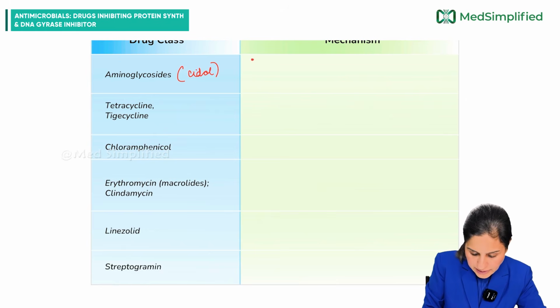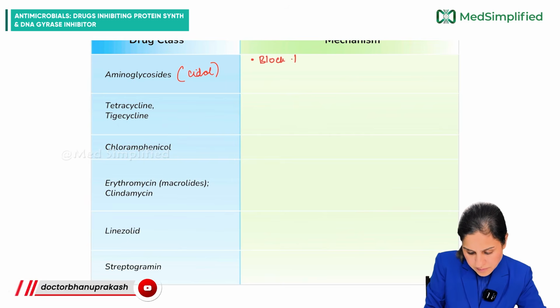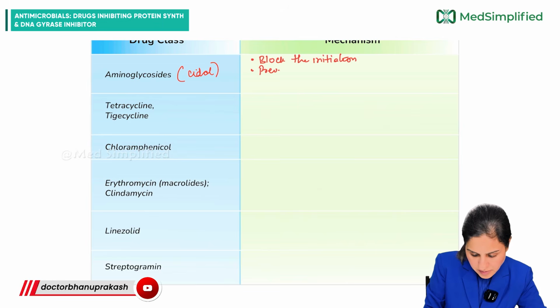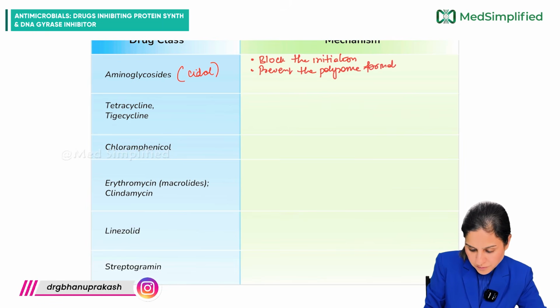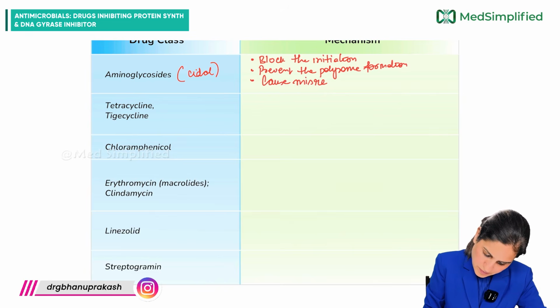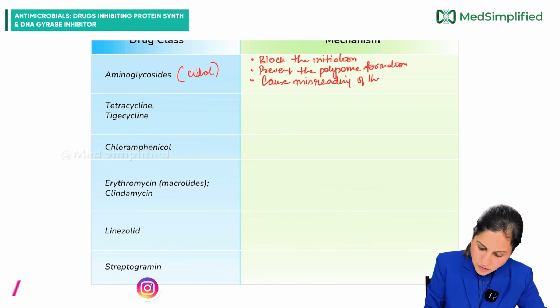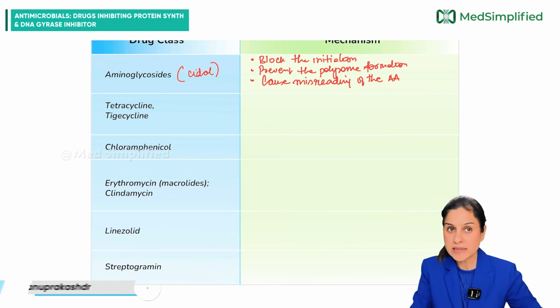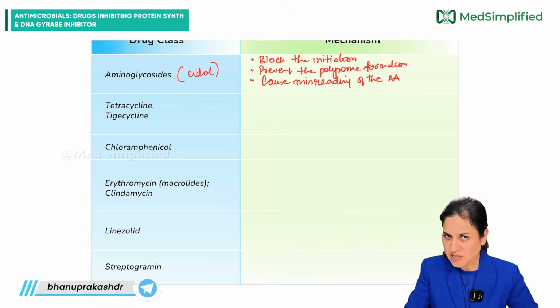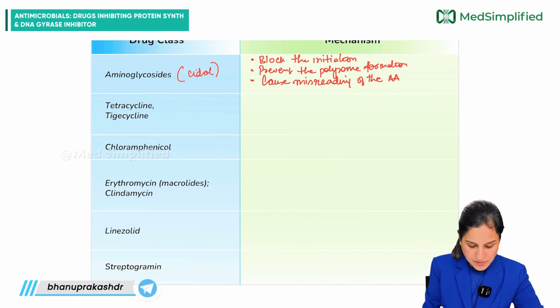What they do is block the initiation, then they prevent polysome formation, and they cause misreading of the amino acid. So when the wrong amino acid is incorporated, the proteins which are formed are going to be defective. So they are therefore cidal drugs.